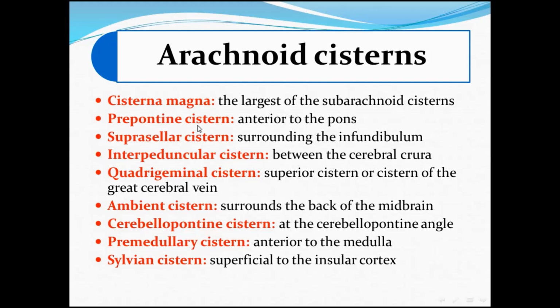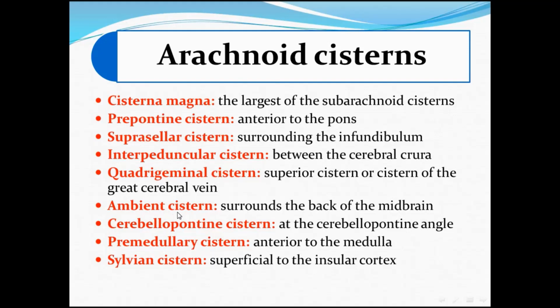The prepontine cistern lies anterior to the pons. The suprasellar cistern lies superior to the sella turcica, surrounding the infundibular stalk of the pituitary gland. The interpeduncular cistern is a cistern between the two cerebral peduncles. Quadrigeminal cistern is the cistern posterior to the quadrigeminal plate.